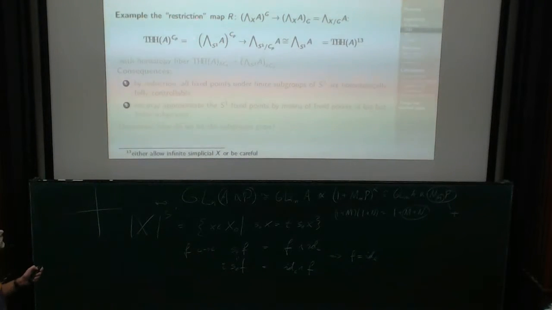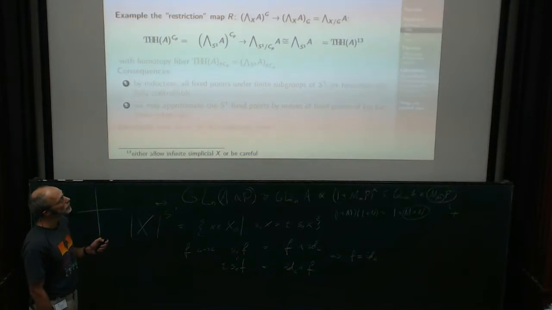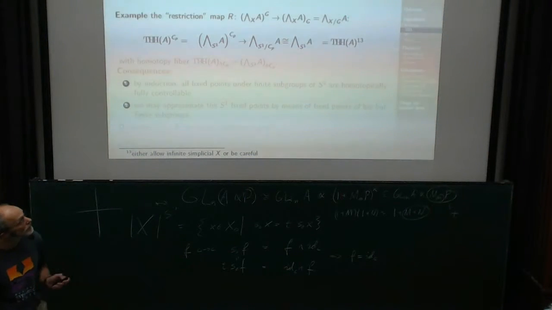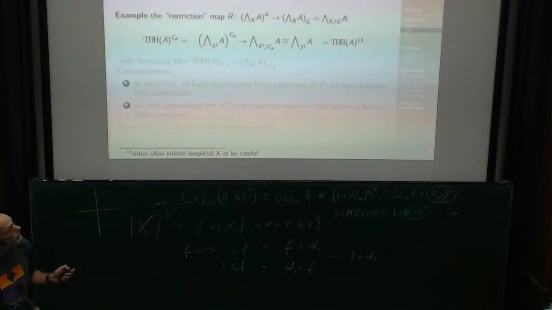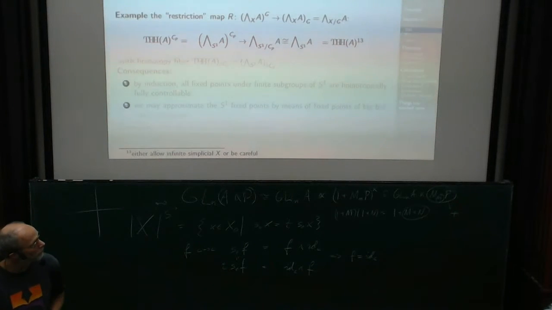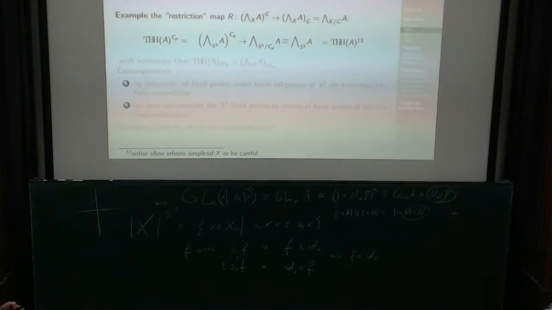And that's a model for THH of A, C_p fixed points. And then I take the restriction map and I go down to the smash powers of S^1 mod C_p. But S^1 mod C_p is the same as S^1. You just wrap it up and you get THH of A. And the homotopy fiber is very easily, neatly given: the homotopy orbits of that.